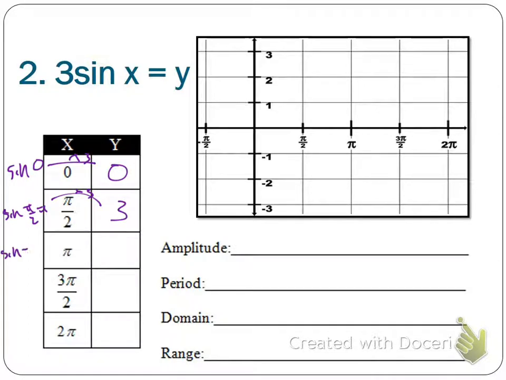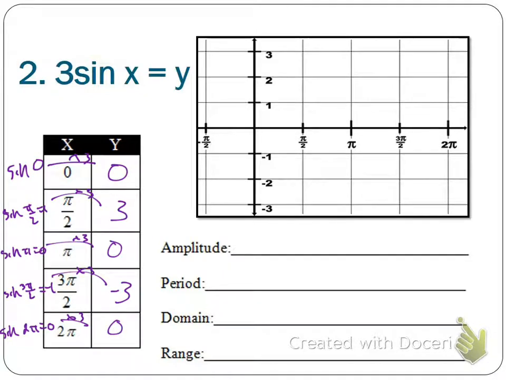Then sine of pi is 0. Multiply it by 3, you get 0. Sine of 3 pi over 2 is negative 1. Multiply by 3, you get negative 3. And then sine of 2 pi is 0. Multiply by 3, and you get 0.